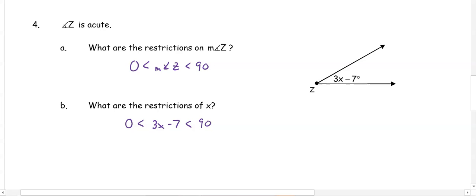Whatever we do to the middle, we have to do to both sides. So first we're going to add 7. So we get 7 is less than 3x, which is less than 97. When we divide by 3, it's not divisible, so we're just going to leave it as a fraction. 7/3 is less than x, which is less than 97/3.